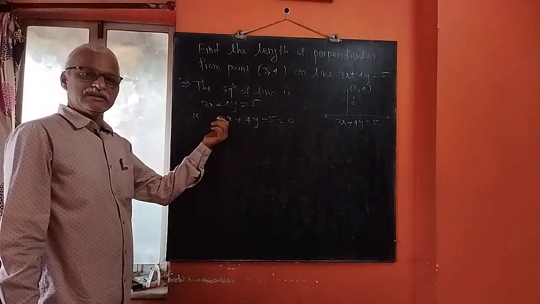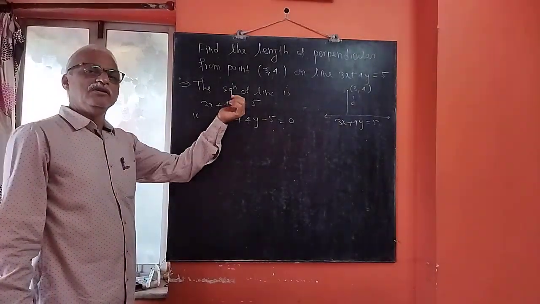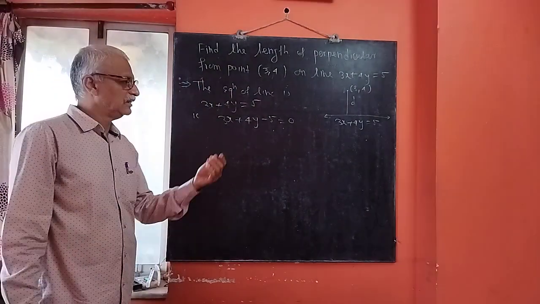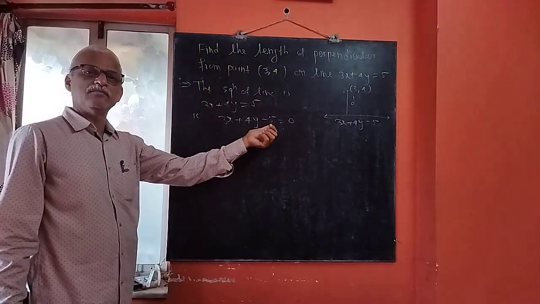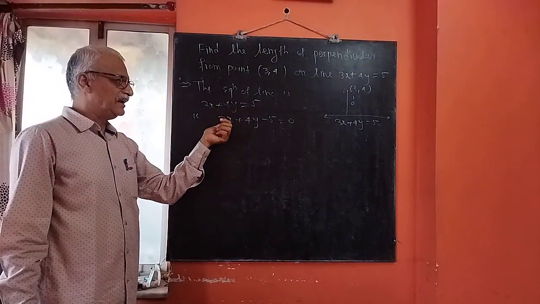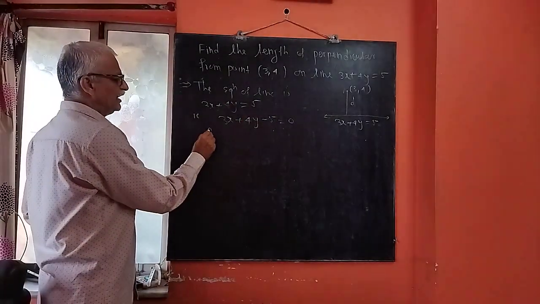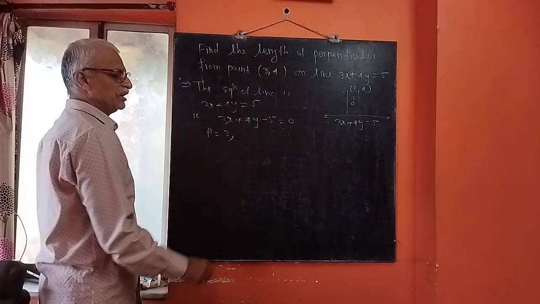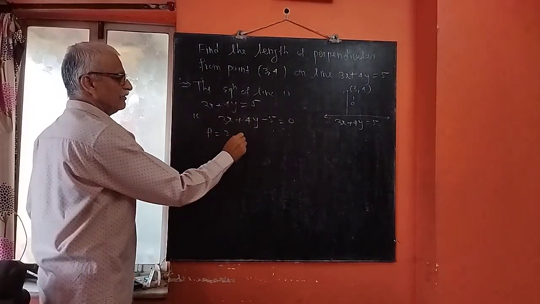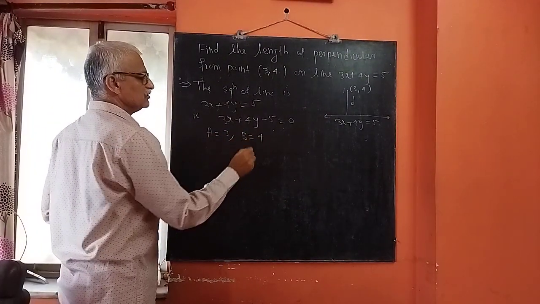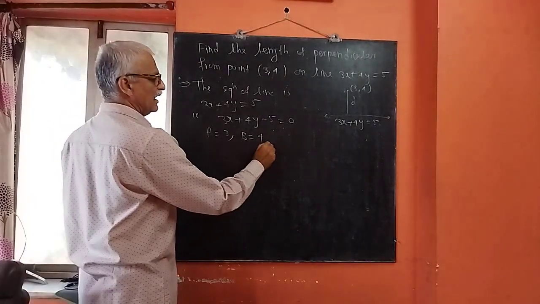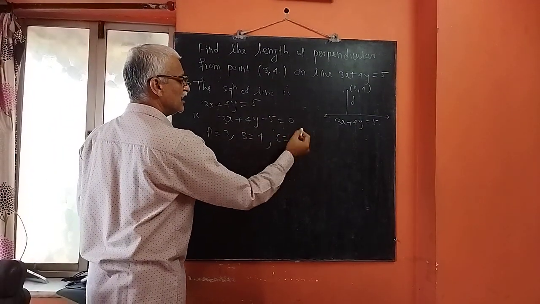Comparing this equation with the general form. General form means ax plus by plus c equals 0. Here the value of a is equal to 3, the value of b is equal to 4, and the value of c is equal to minus 5.